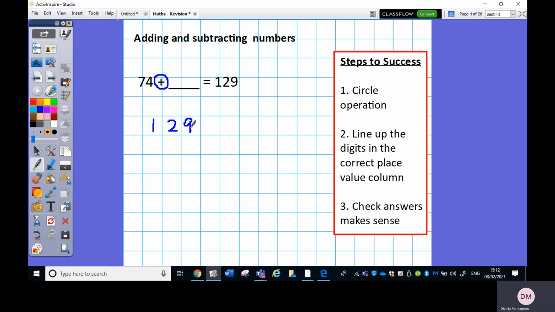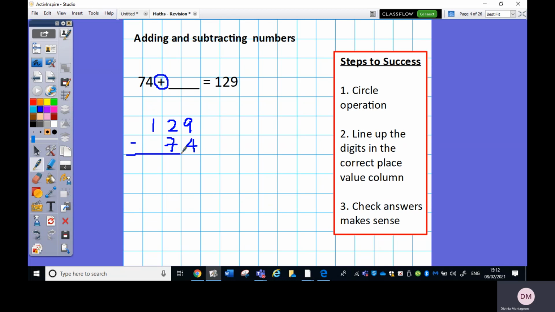129, because I always start with my larger value. I need to make sure that I line up the digits in the correct place value column. This number has 3 digits and this one has 2. Which one is the ones? Can you tell me? Yeah, the 4. So I'm going to place the 4 in the ones column here so that I know that I'm subtracting the same place value, or the correct place value.